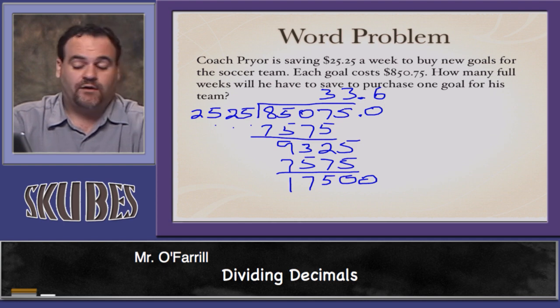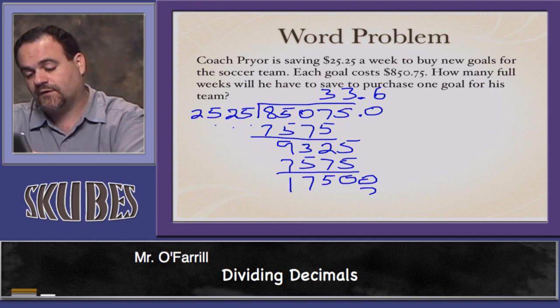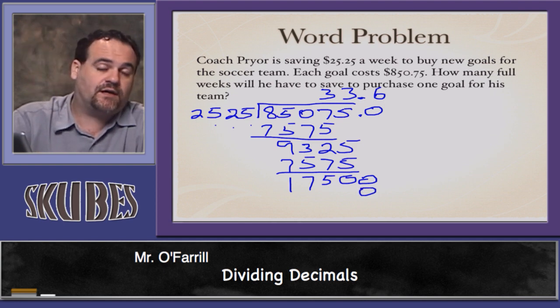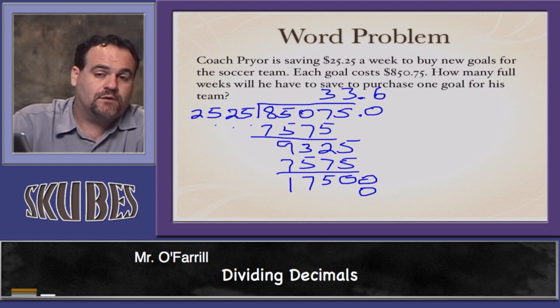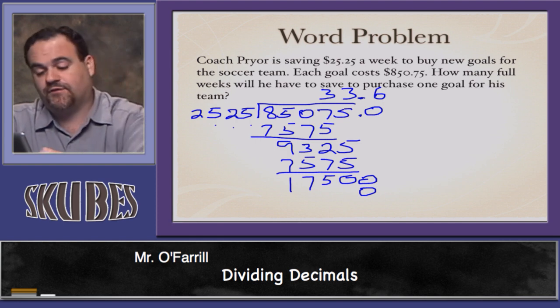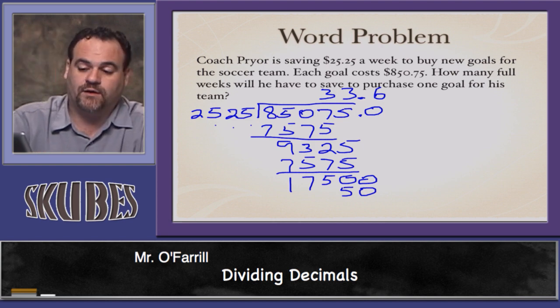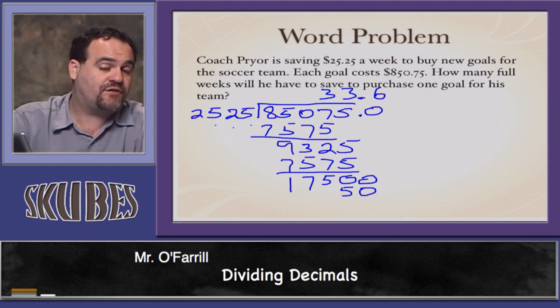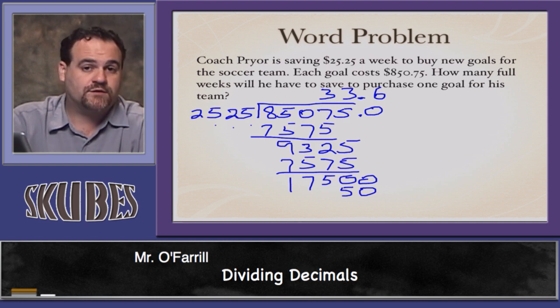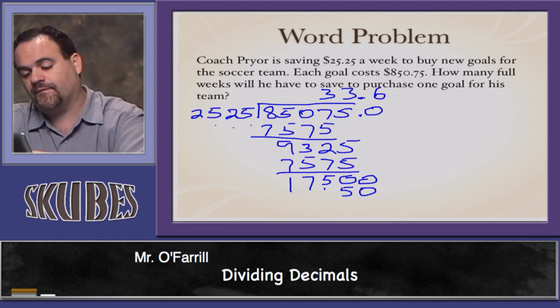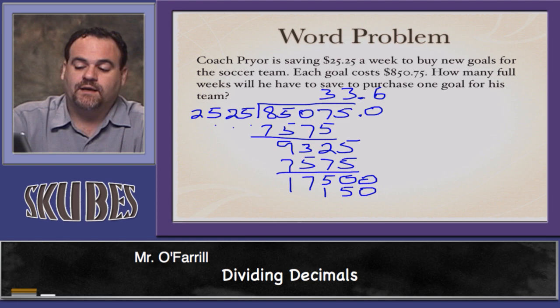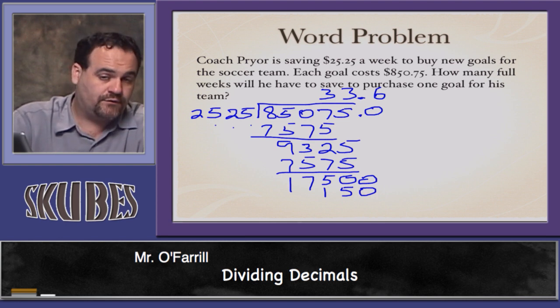5 times 6 is 30. Carry the 3. 6 times 2 is 12. Plus that 3 is 15. Carry the 1. 6 times 5 is 30. Again, plus 1 is 31. Carry the 3 over. 6 times 2 is 12.